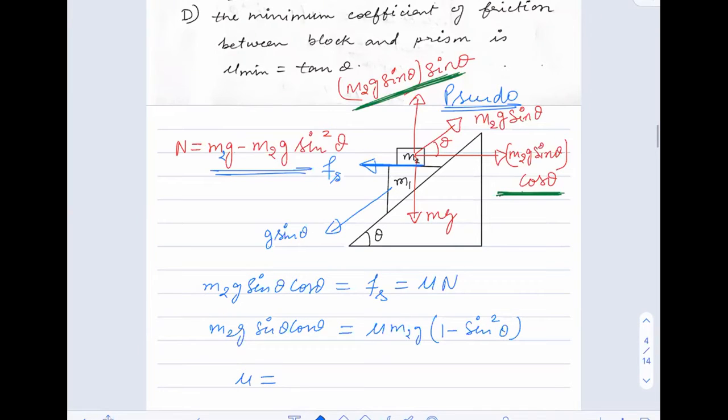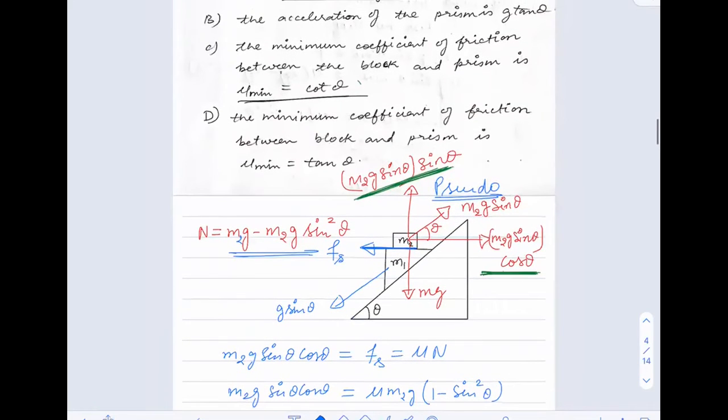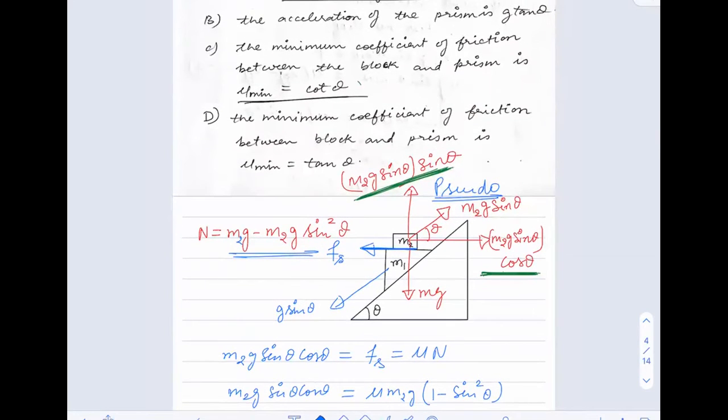Only one answer I have got till now. All those who have found the mu value, just tell me, out of A and B, what is the acceleration of the prism here? Because you had to check two things: one is the mu value, the coefficient of friction, and the other is the acceleration of the prism.